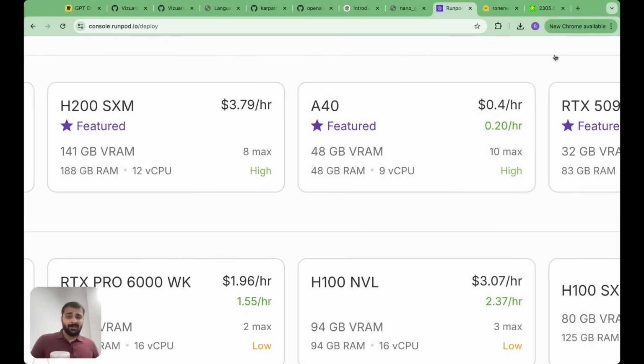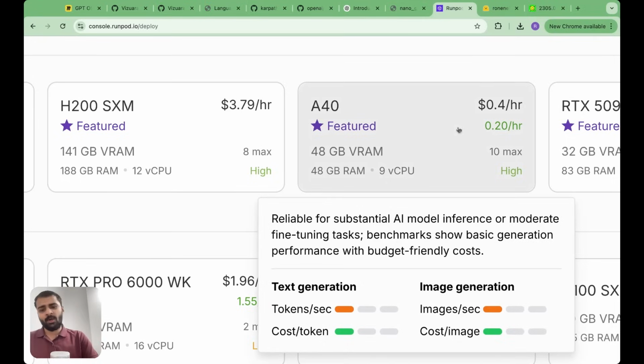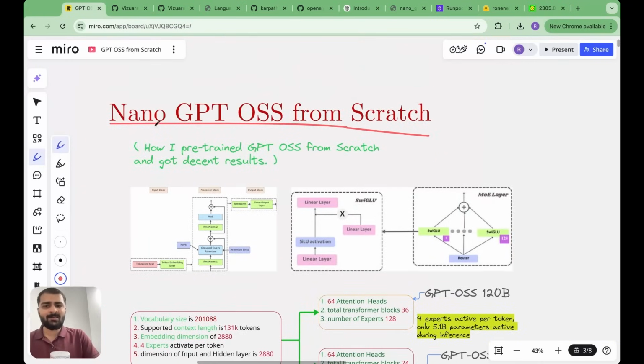And to replicate the results which I'm going to show you today, it will take you 20 hours on this GPU. So that's around $8 to $10. So what I'm essentially saying is that within $10, you can replicate the Nano GPT OSS entirely from scratch and even get inference results on the tiny stories dataset, which we are going to be using.